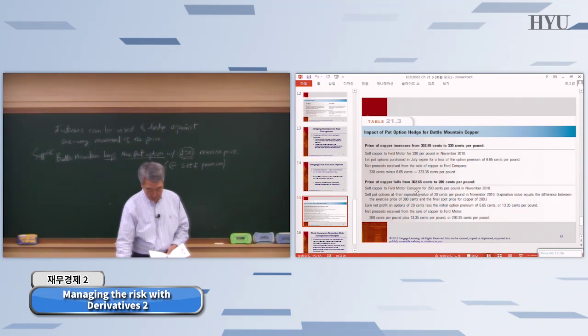And put option here will be useful in this case. Suppose copper.